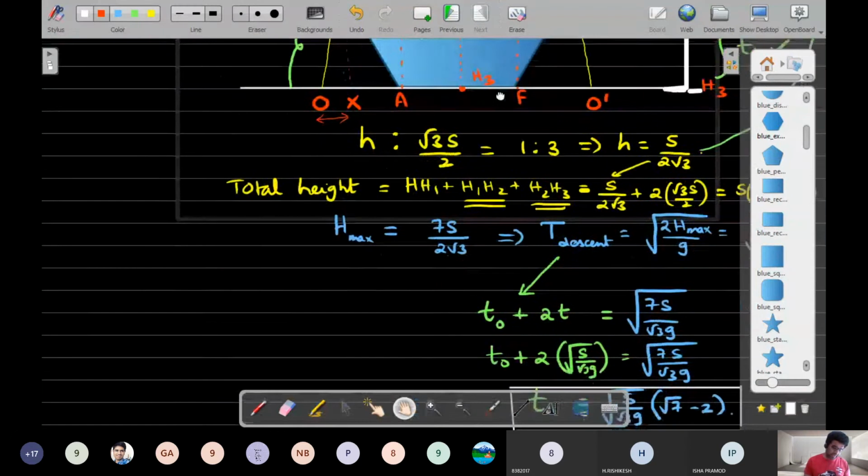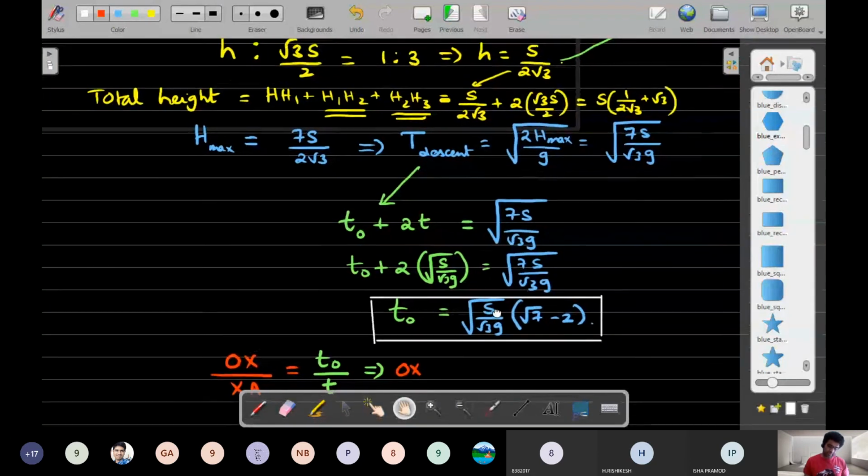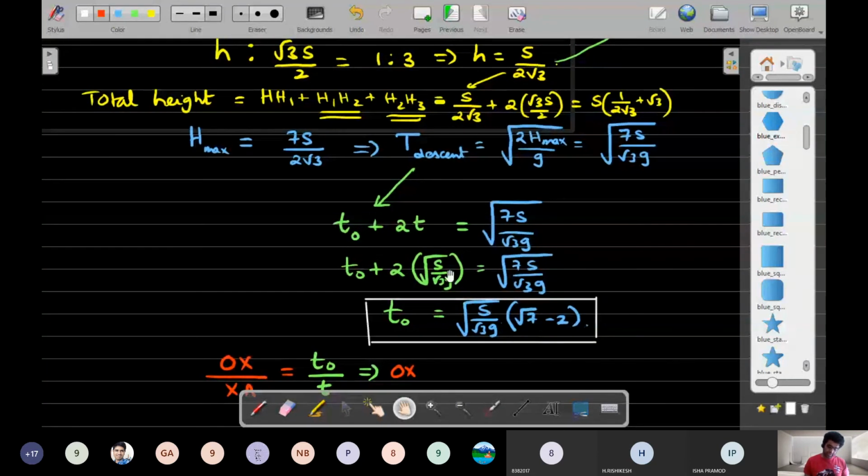So I will directly write OX divided by XA should be the ratio of their times taken, because it's uniform motion along x-axis, T naught divided by T. So that should immediately imply the value of OX should be ratio of T naught and T, right? Where are they? T naught is here and T is here. Can you see in the green? This is the blue T naught and the green inside is T, right?